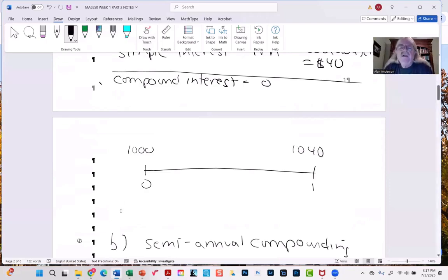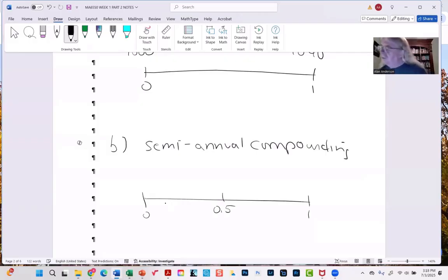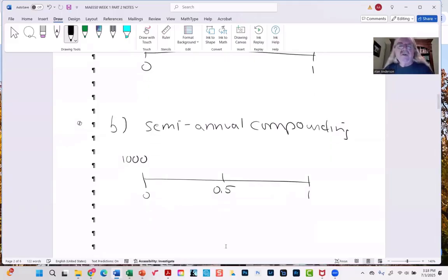Okay. Now, with semi-annual compounding, what's going to happen is this. We start with a deposit of $1,000, but at the end of 6 months, we will actually be paid half of the annual rate of interest, which is 2%.